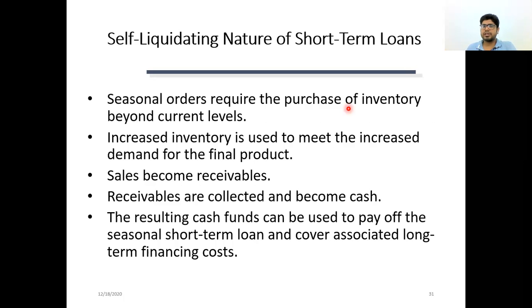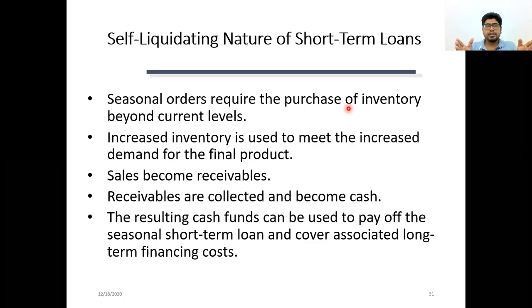What do you mean by self-liquidating nature? Self-liquidating means, right? You invest your money to buy inventory. Earlier it is in the form of cash, and the money becomes inventory.